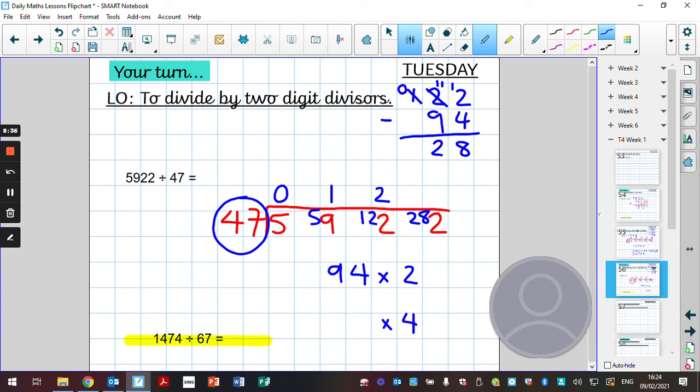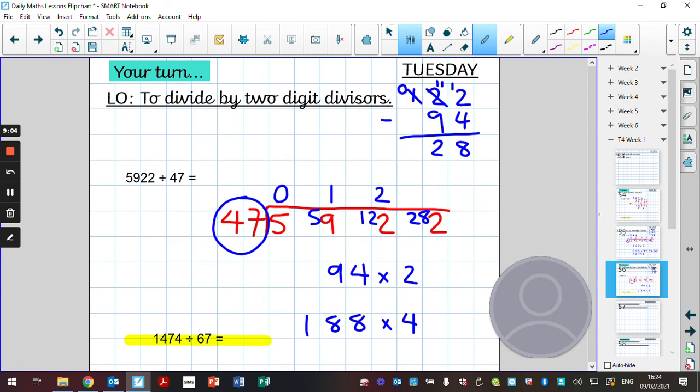Double 90 is 180, plus double 4 is 8, so I've got 188. Ooh. Well, that's not enough at the moment, is it? All right, so then I need to work out. Well, you may have noticed something here. If I add 188 and 94, I get 282.